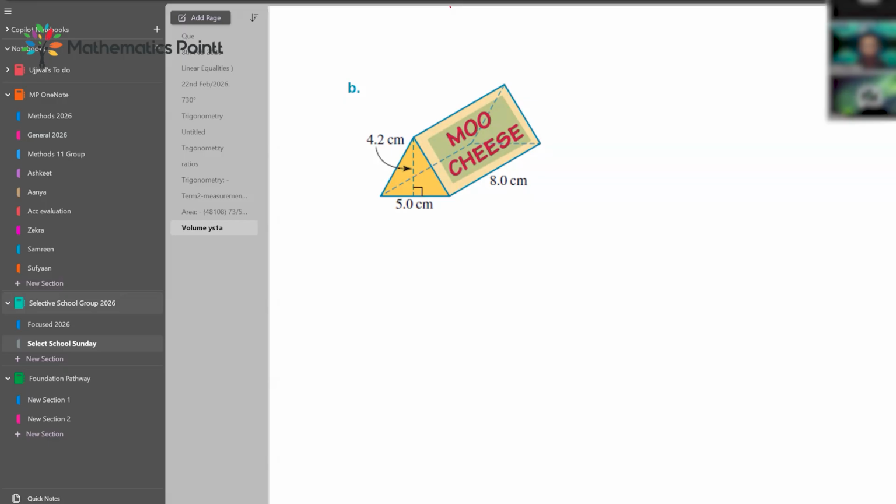Now, how do we get there? First things first, that's the base for which the measurement is given to you. So, area of this triangle.